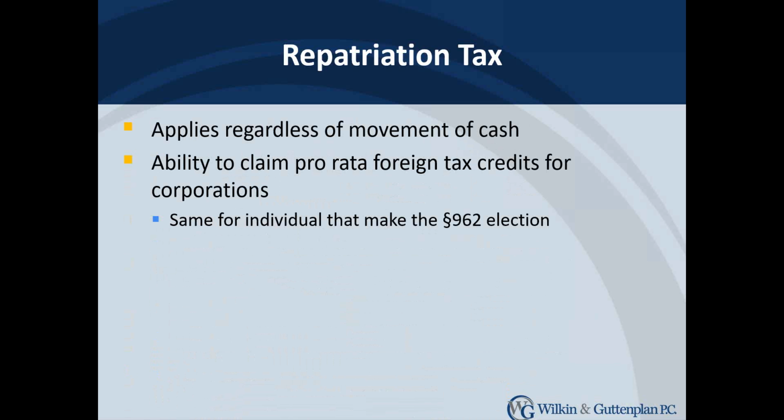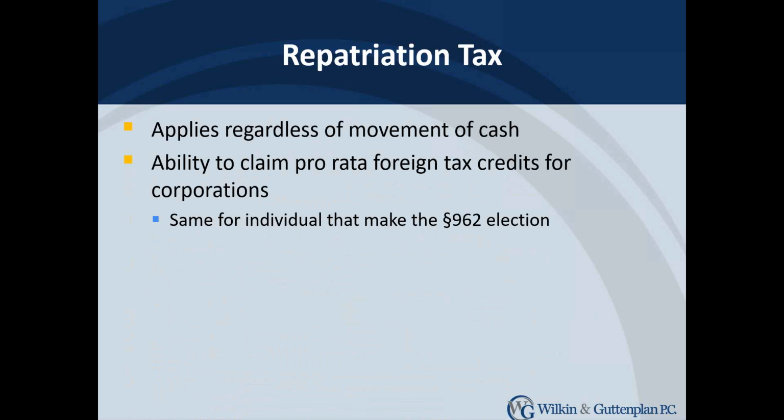However, Congress was kind enough to enact Code Section 962, and via election, an individual can subject themselves to the corporate rates and foreign tax credit availability. What a 962 election does is exactly what I said. It allows individuals to be taxed as corporations on their Subpart F income.